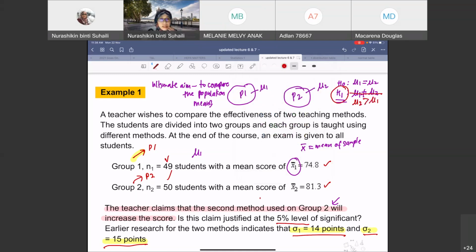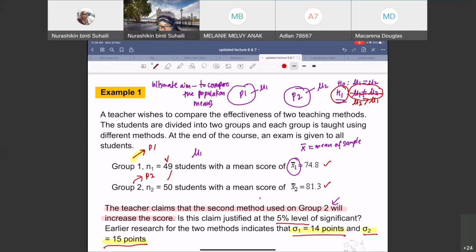So that's how you construct a more specific alternative hypothesis, because the problem states it that way. If this statement doesn't exist, you can just proceed with the default. If you say that mu1 is not equal to mu2, it could be mu1 greater than mu2 or mu1 less than mu2, it can be both.